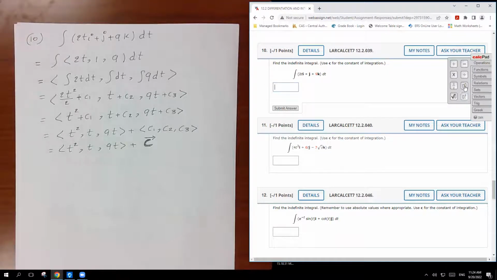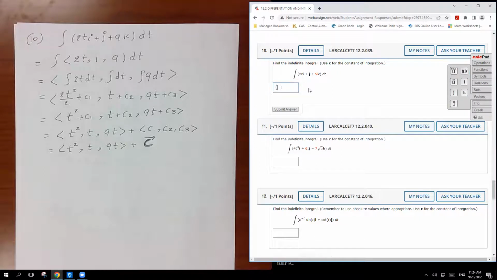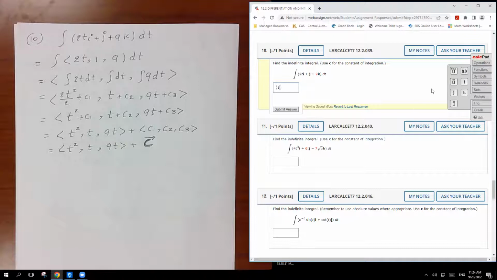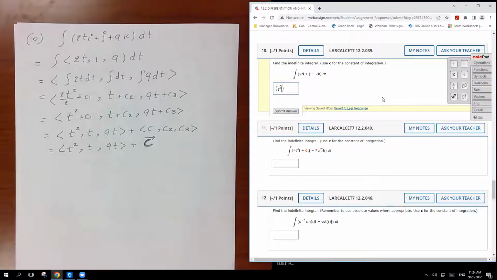This is really important because I think here they ask you to type it like this. Let's check that for this example. I'm going to write it in vector form: t squared, comma t, comma 9t.